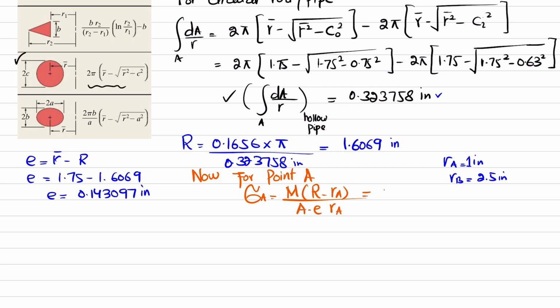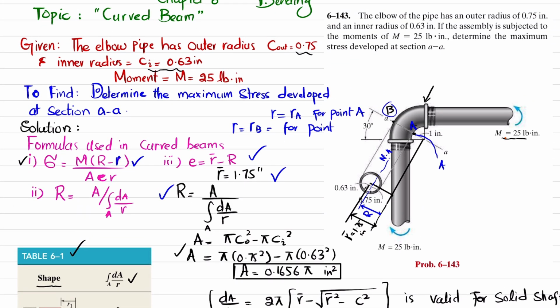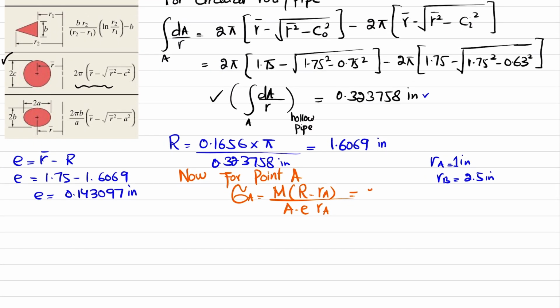M is given as 25 pound into inch. So 25 multiplied by capital R is 1.6069 minus RA is 2.5. Clear? Divide by RA. RA is 1 inch.